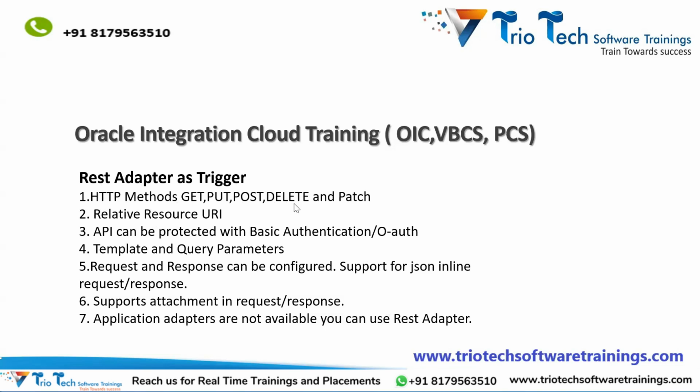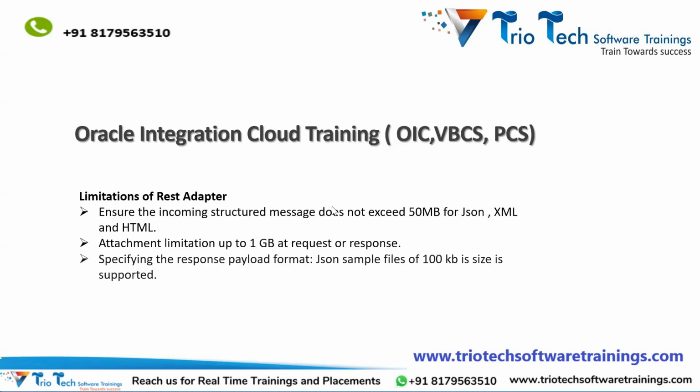We have seen the advantages, and there are some limitations. If you are calling a third-party object and getting incoming messages from the REST call, the response should not exceed 50 MB for JSON and XML.